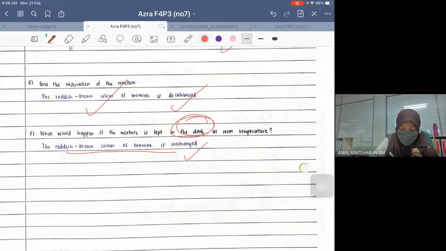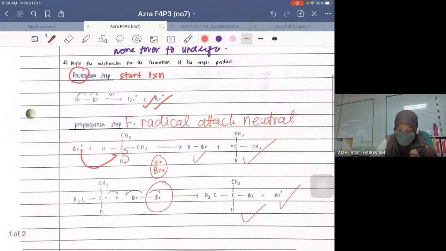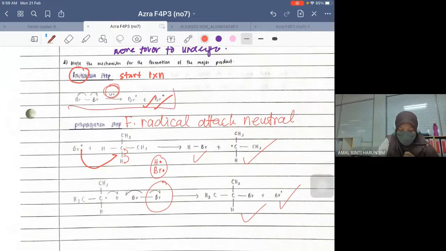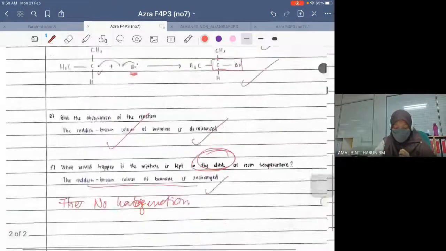Ada tindak balas tak? There will be no reaction, no halogenation. Sebab apa? Sebab nama dia initiation. Okay, to initiate the reaction, we need the UV. So kalau untuk tindak balas ni, dia tak letak UV, salah.